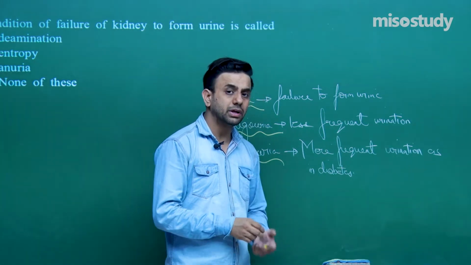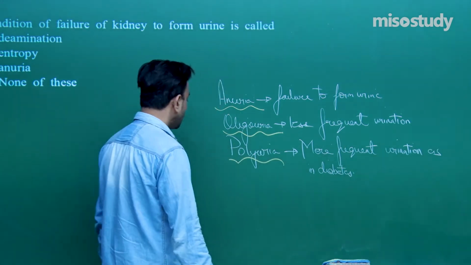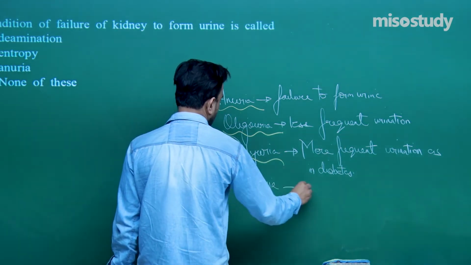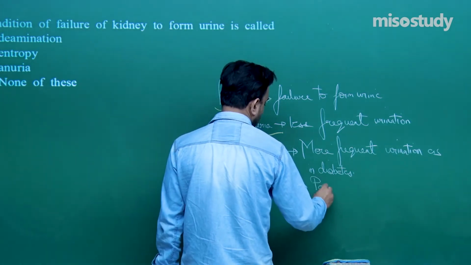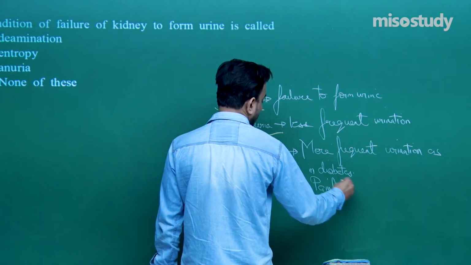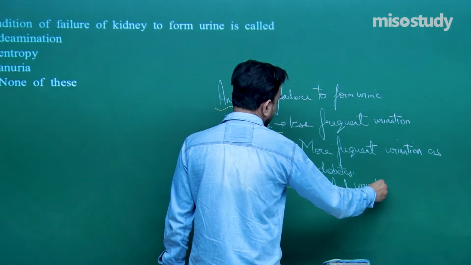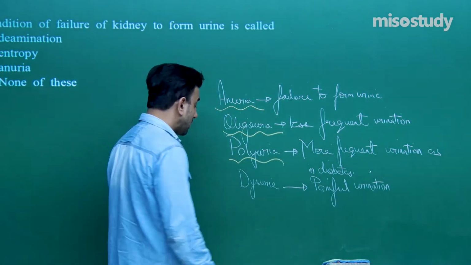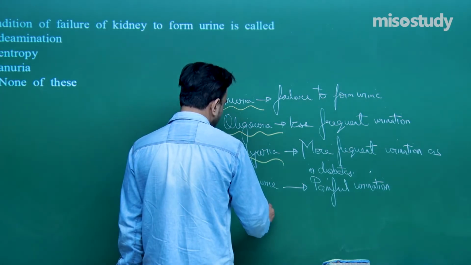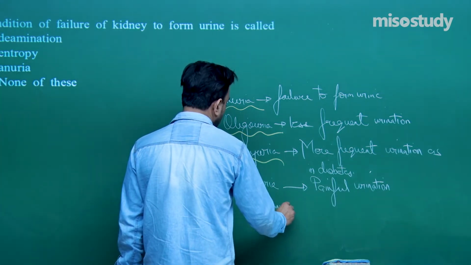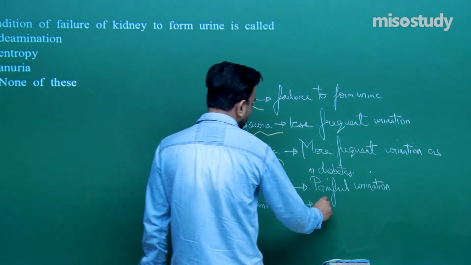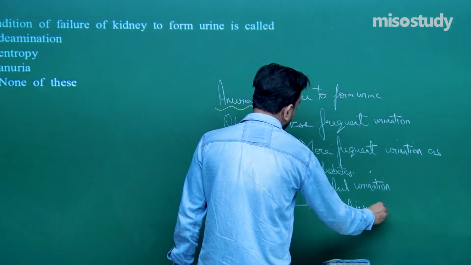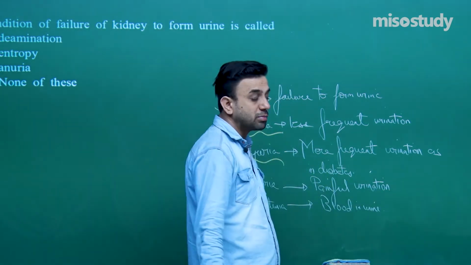Then we can talk of dysuria, when there will be painful urination. Even we can talk of hematuria, when there will be blood in the urine. Similarly, ketonuria, when there will be ketone bodies.